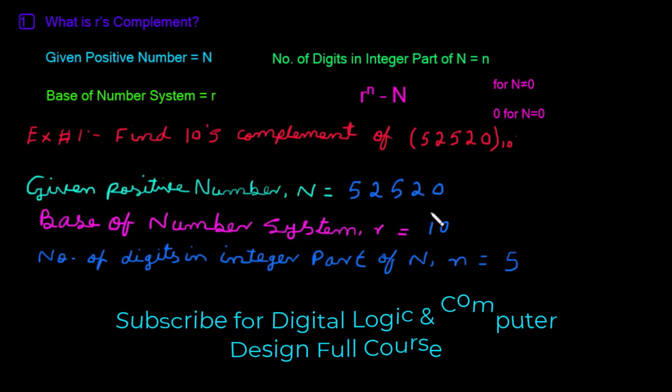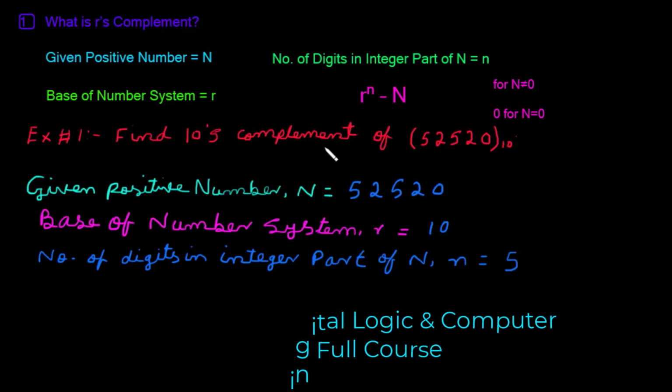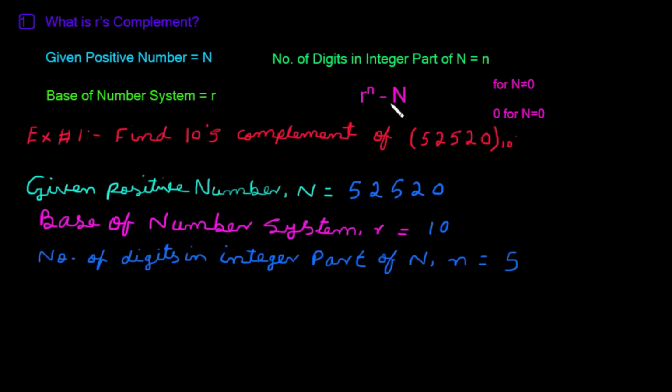Now let's substitute these values in this idea, R raised to power n minus N. For R I will substitute 10, raised to a power of n, which is 5, minus N, which is 52520. Using a calculator, 10 raised to a power 5 will give me 100000 minus 52520.